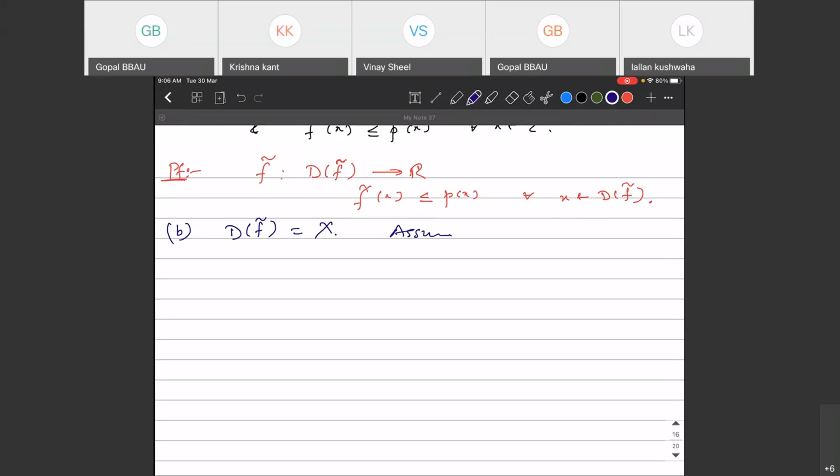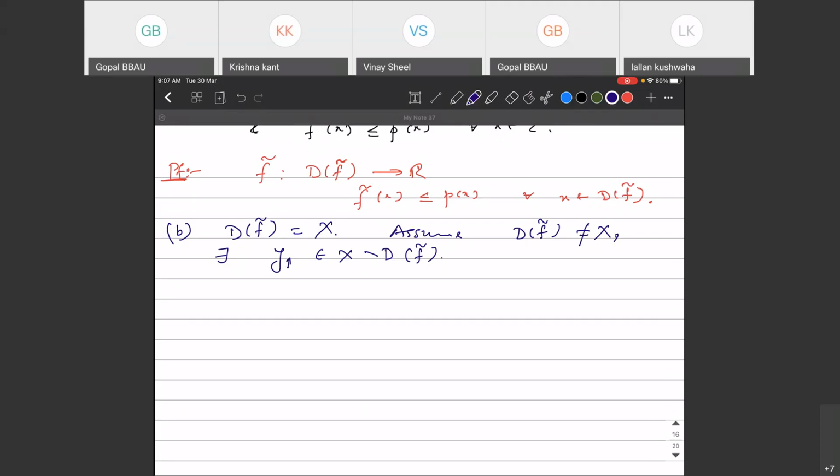Assume on the contrary that the domain of F tilde is not equal to X. But you know the domain of F tilde is a subspace of X. So this means there exists a y1 in X minus the domain of F tilde.